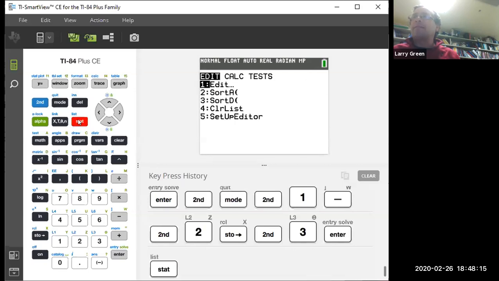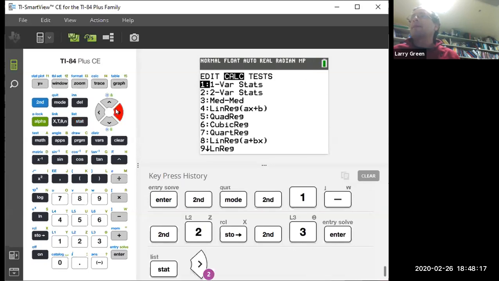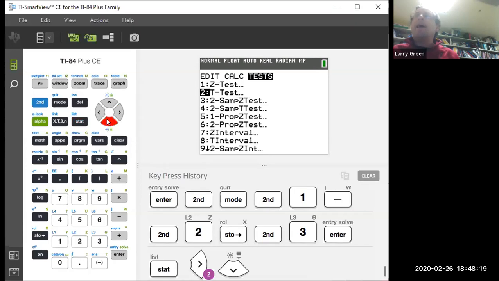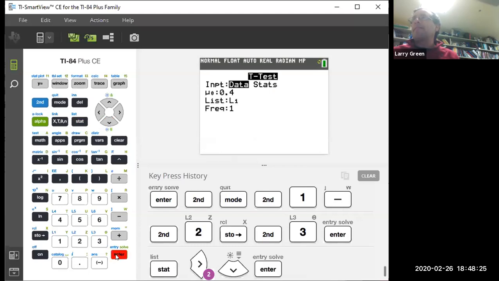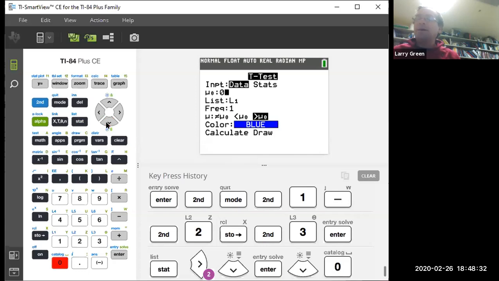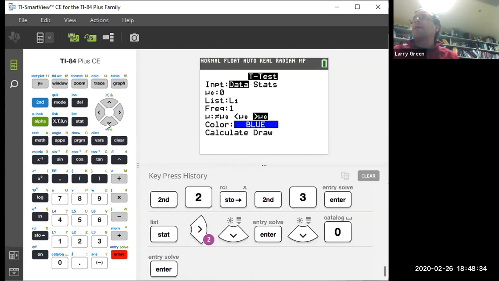Now we can go back to STAT. We're going to test. And now it's just a single sample. It's a sample of differences. So I'm going to do the t-test. I have data. And our mu naught is 0. Our list was not L1, it's L3 now.